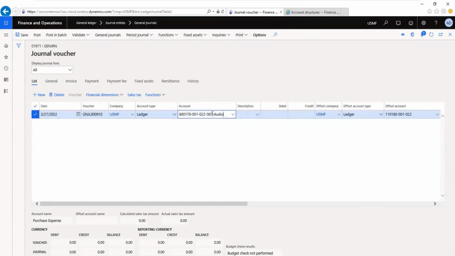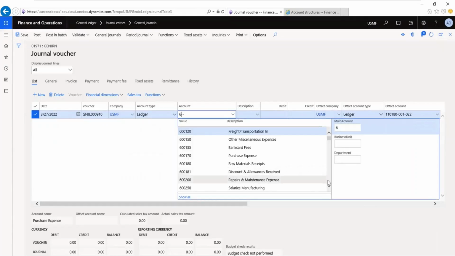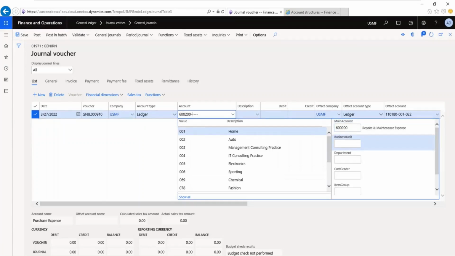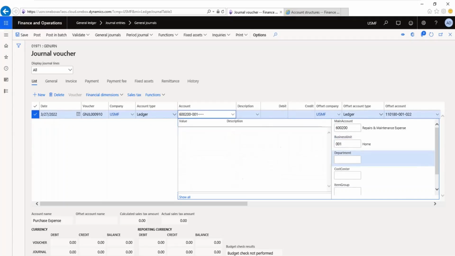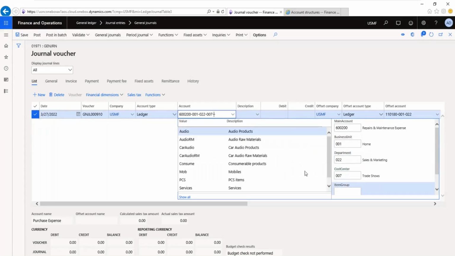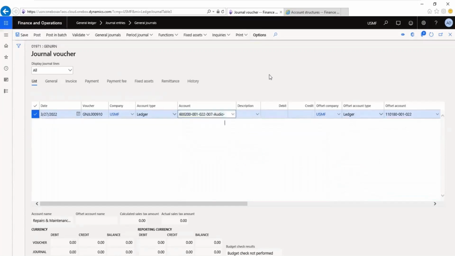Let me delete that. 6 series, any account, repair and maintenance expenses: business unit, department, cost center, item group. Understood?